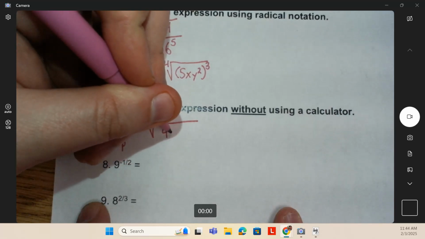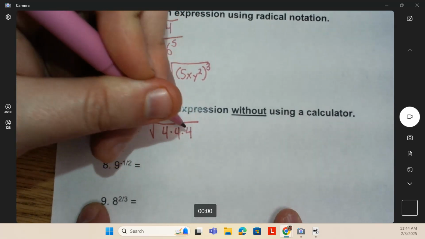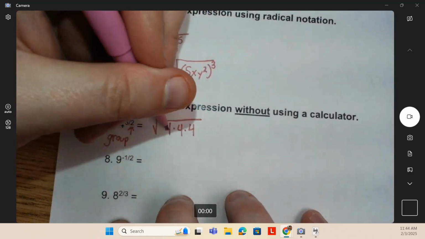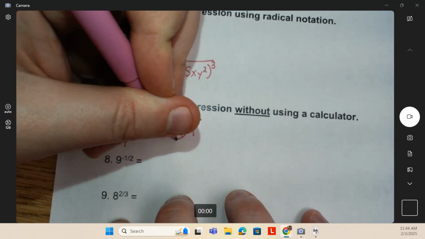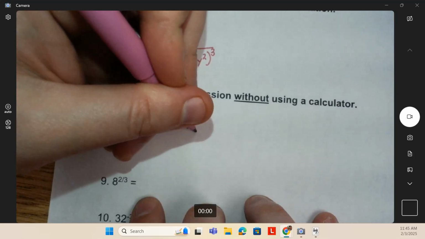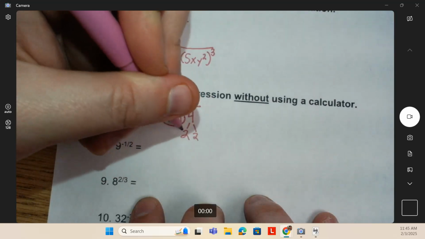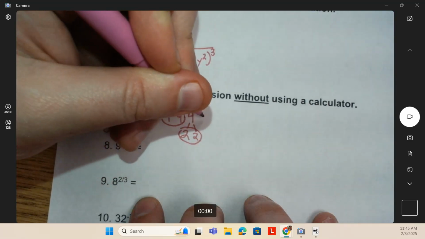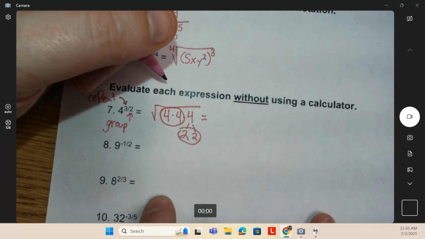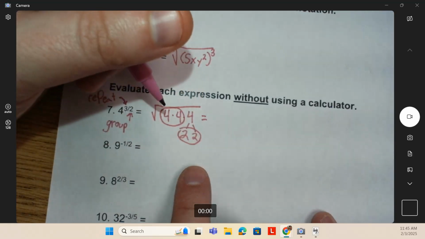So 4 times 4 times 4. When I do that, well, I've already got a group of 4s right there. And this 4 right here is going to be able to split up into 2 2s. And so when I move those both outside of the square root, it becomes 1 4 and 1 2.